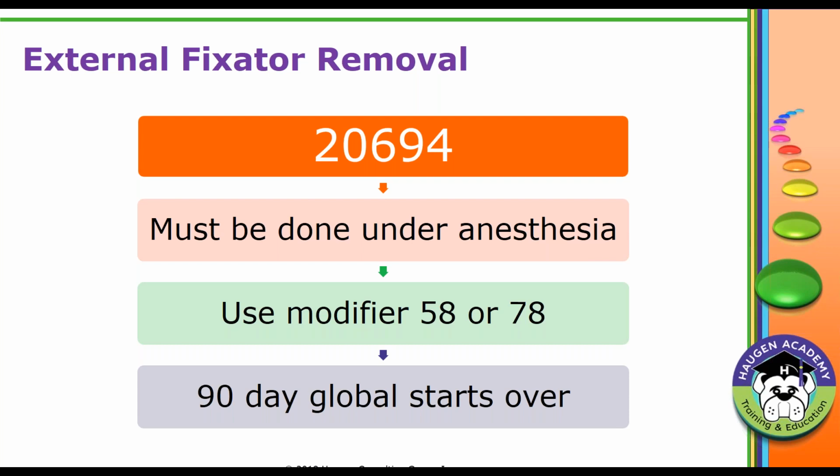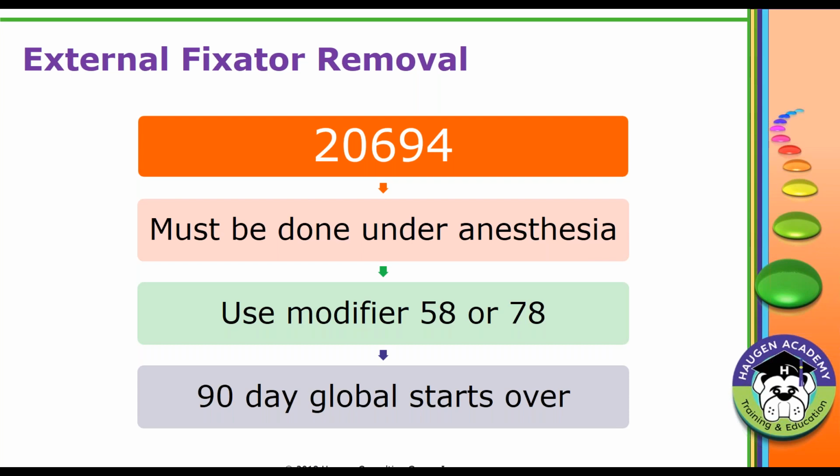For the removal that's done under general anesthesia, if it is in the global period, the 90-day global period that originally started with the surgery, you'll have to use either Modifier 58, which is going to be used if it's a planned removal, or Modifier 78 if it's an unplanned removal.